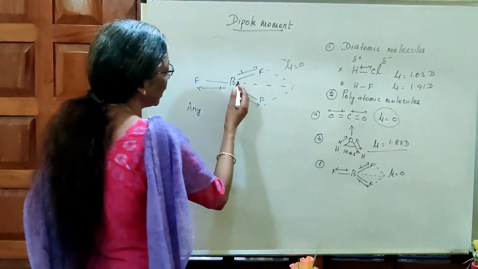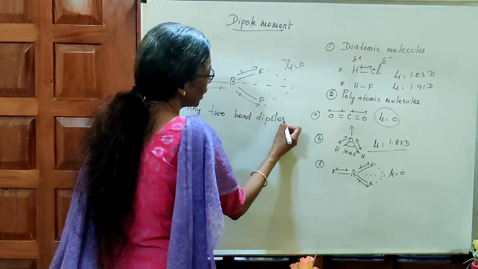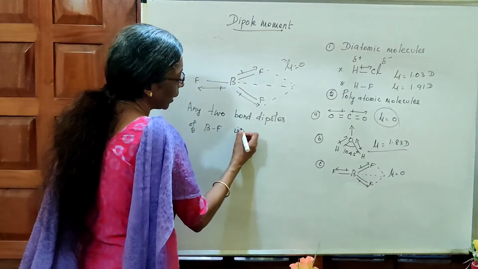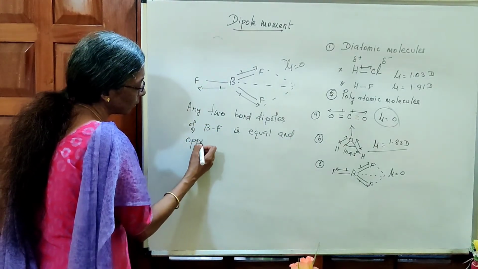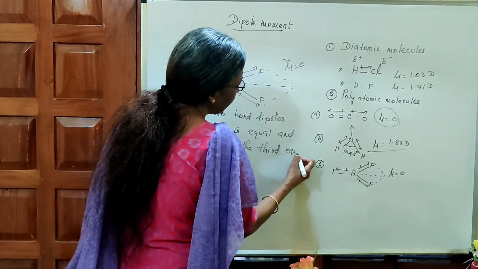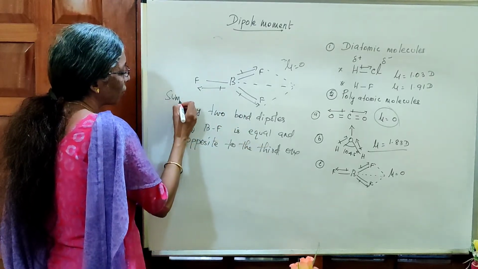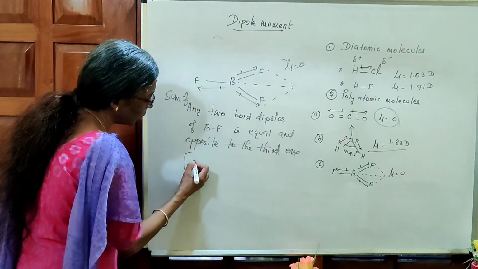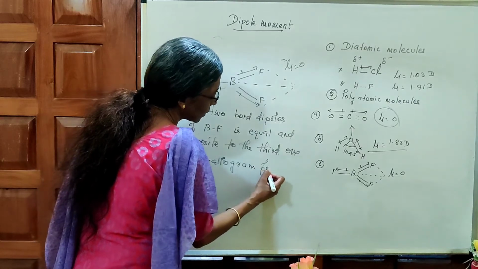So if you see this, the sum of any two bond dipoles of BF is equal and opposite to the third one, according to the parallelogram law of forces.